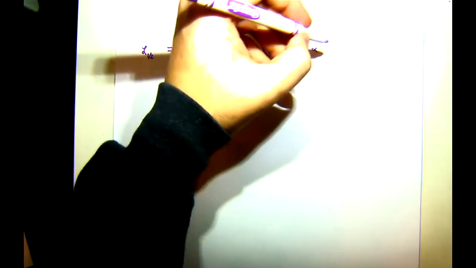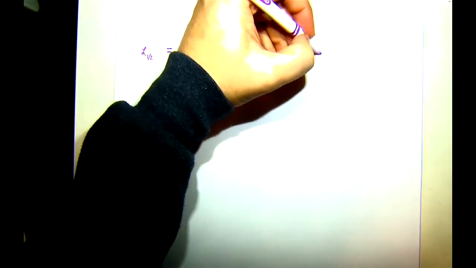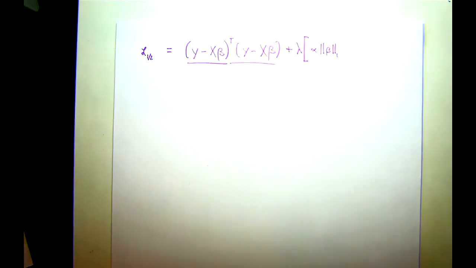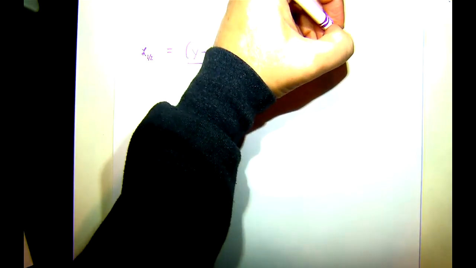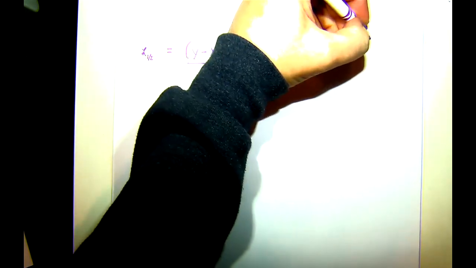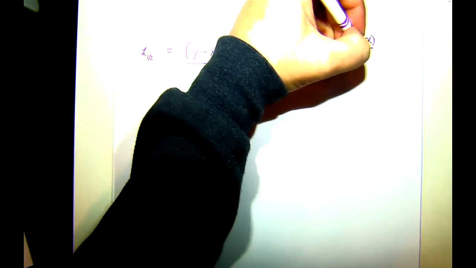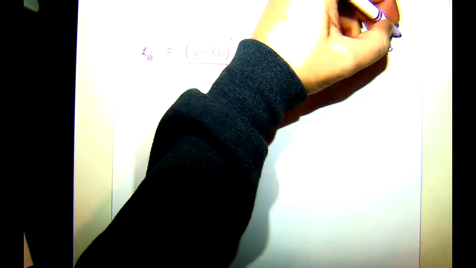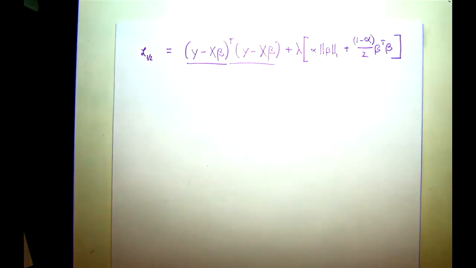So we're going to have another hyperparameter, alpha, which is going to control the distribution between the L1 and the L2. So you still have lambda, and lambda controls the overall strength of the regularization.